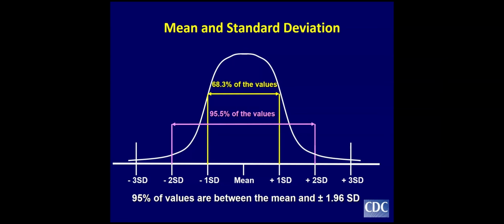If I go for the same mean plus or minus 2 standard deviations, say 140 minus 40, 100, and 140 plus 40, that is 180, 100 to 180 will have almost 95.5% of my observations.